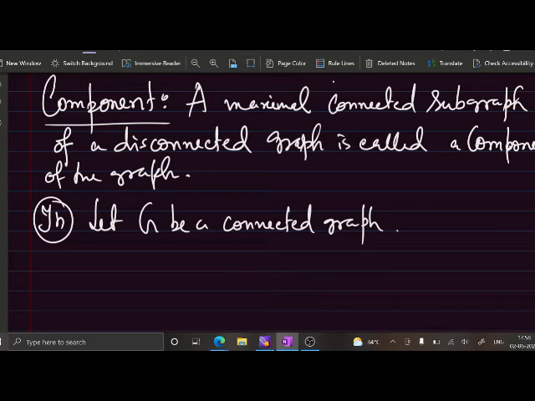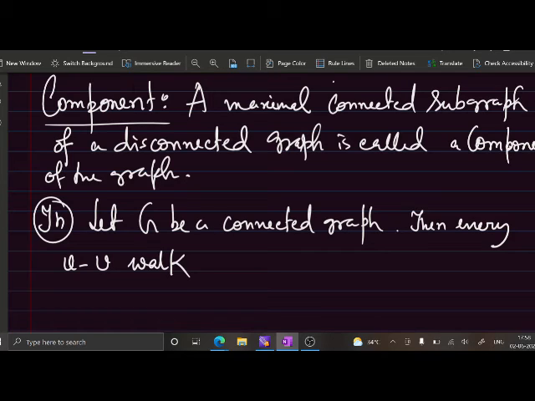Then it is true that every u-v walk, now in a walk you will have two cases. There may be a possibility of repeated vertices, there may be a possibility of repeated edges.